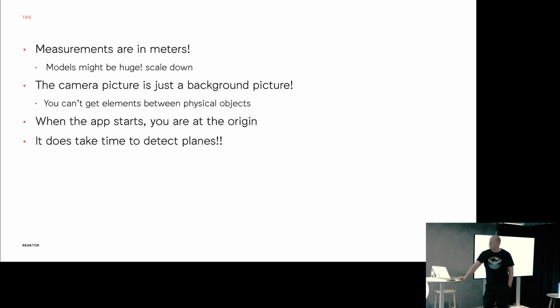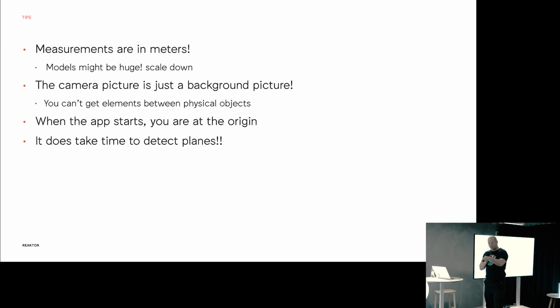And most of the SceneKit stuff you can sensibly do in this SceneKit editor and try it out a lot faster than either in the emulator or on the hardware. And when the app starts, for example, if I start my AR session here, the origin will be here.